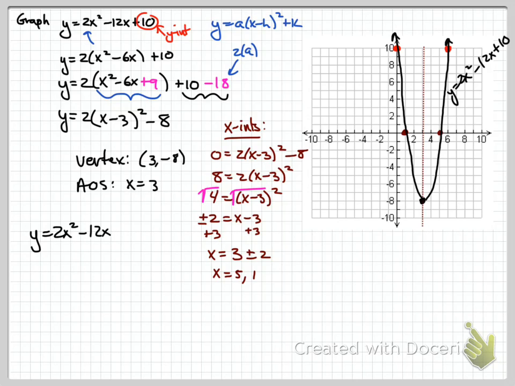Are we always going to be able to factor? Nope. But in this case, we were able to. And you can see that after factoring out that common factor of 2, x minus 5, x minus 1, our x-intercepts are definitely going to be 5 and 1 if we were to set y equal to 0. All right.